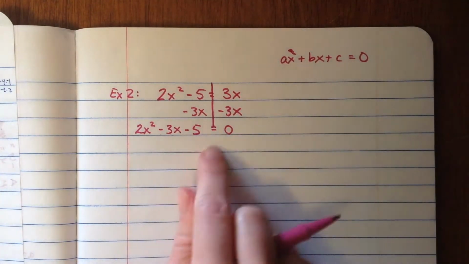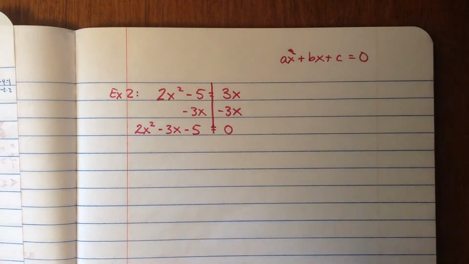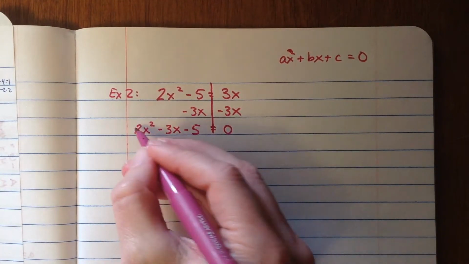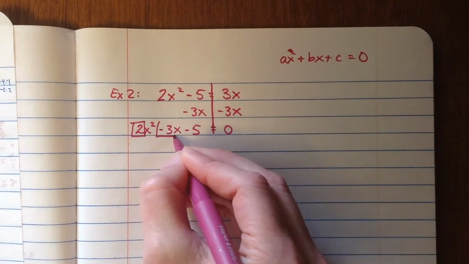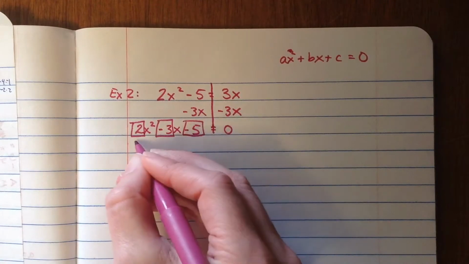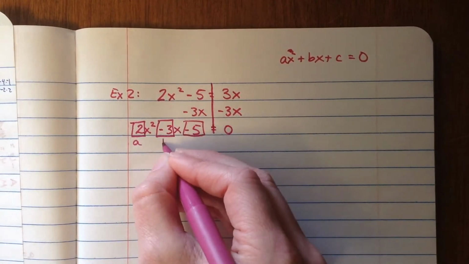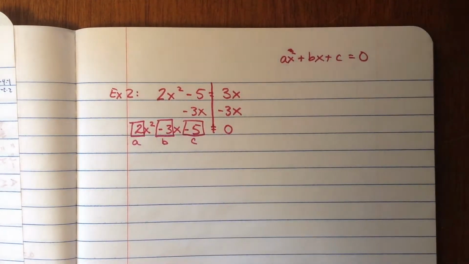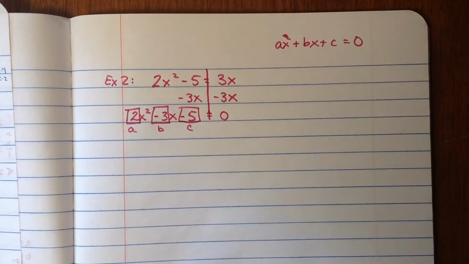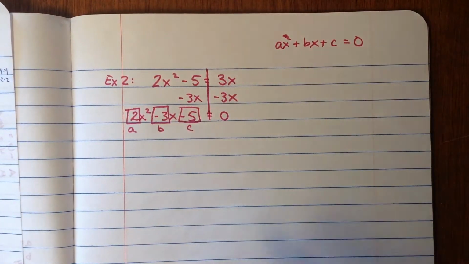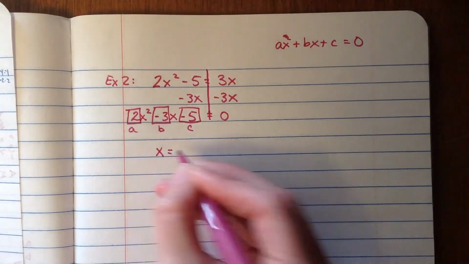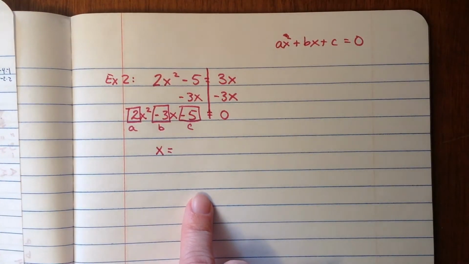All right, and so once I get it equal to 0, the next thing I'm going to do is identify what is my a, what is my b, and what is my c. And so in this case, my a value is 2, my b value is negative 3, my c value is negative 5, and then I'm going to copy down my quadratic formula. Now, you're going to probably use this so many times that you actually get it memorized.